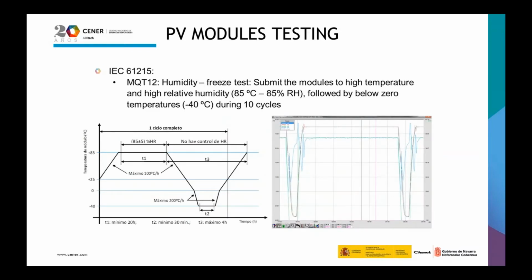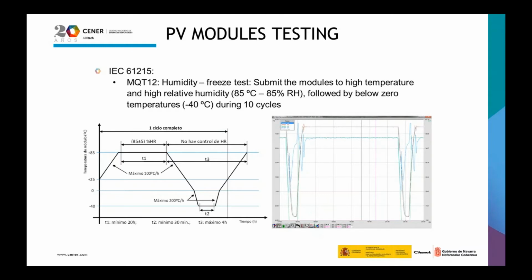This is the humidity freeze test, where the modules are submitted to high temperature and high relative humidity periods of at least 20 hours at 85 degrees centigrade and 85% of relative humidity, followed by below zero temperatures of up to minus 40 degrees centigrade.